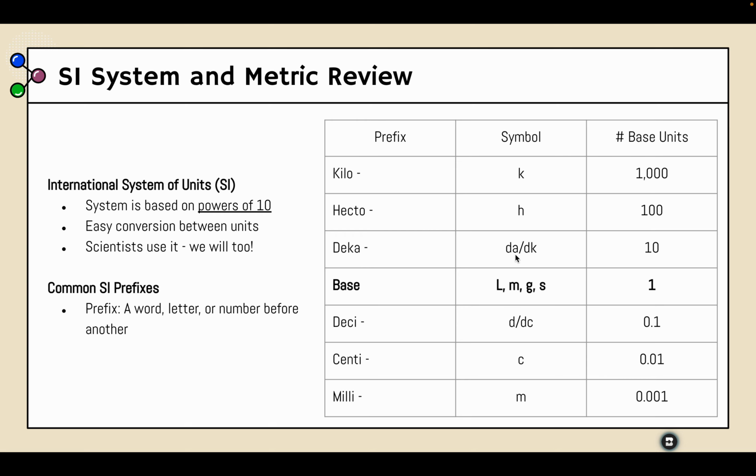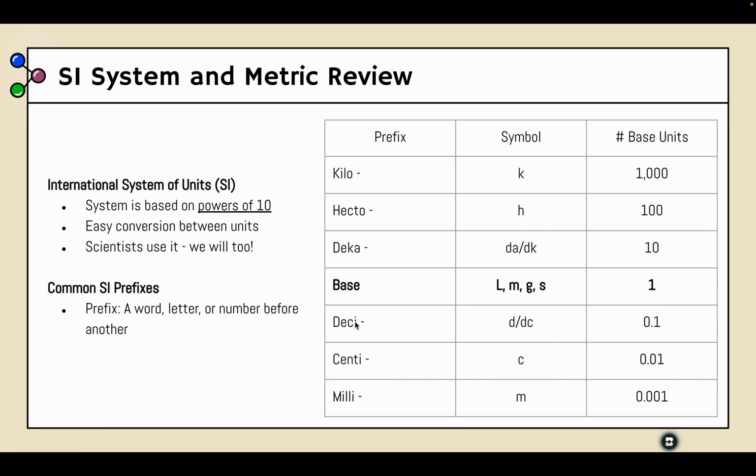Now, the base is interesting because we have different measurements here. We're going to talk about them here in a couple slides. L is liters, M is meters, G is grams, and S is seconds. Okay? And then we go down, we have deci, which is D or DC.